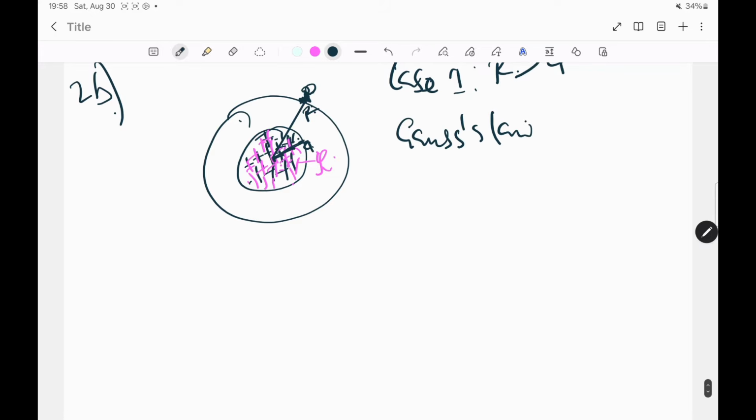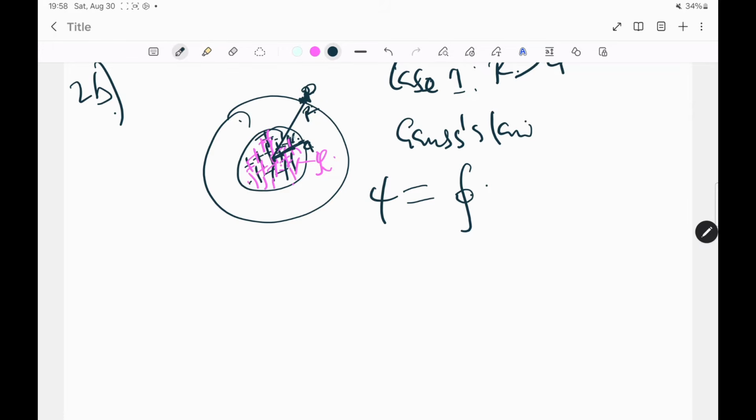Gauss's law says that the total electric flux leaving a surface is equal to the total charge enclosed by the surface. So based on this, we are having an enclosed surface.